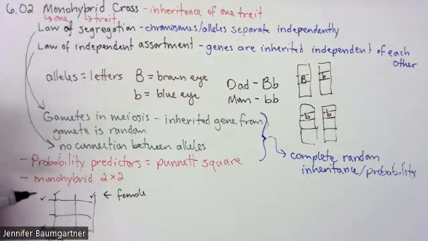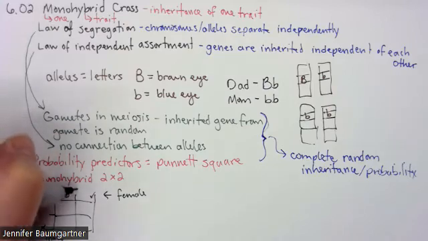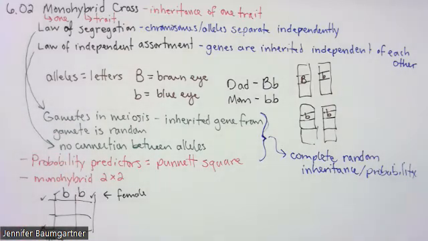So we have the female is BB and the male is heterozygous. What we do then is, if you've ever played Battleship and you talk about like A5, and you go over A and you come down 5, we're going to pull, I'm going to color code these.